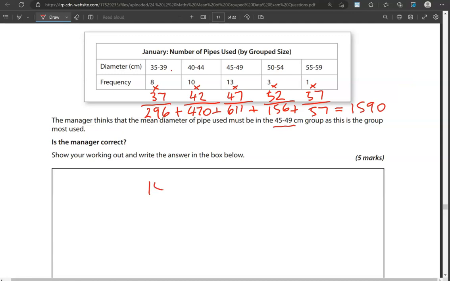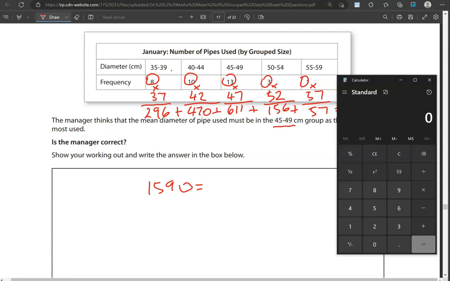and we're going to divide that by the total of the frequencies. So 8 add 10 add 13 add 3 add 1 gives us 35.